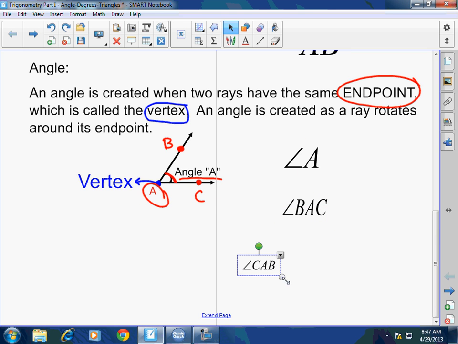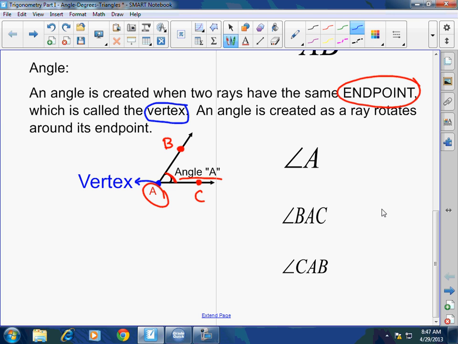If you have labels of the other points on those rays, you could write them any of these three ways. Straight up, you could say, hey, it's angle A. Boom, done. Or, reading from B, this is BAC. Done. Or, reading from angle C, this is CAB. Done. Three ways to write an angle.